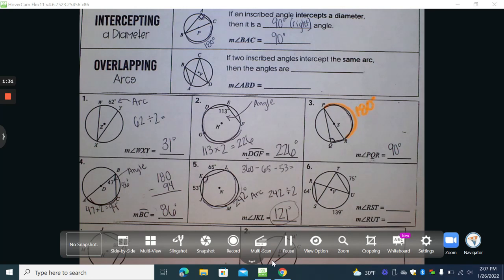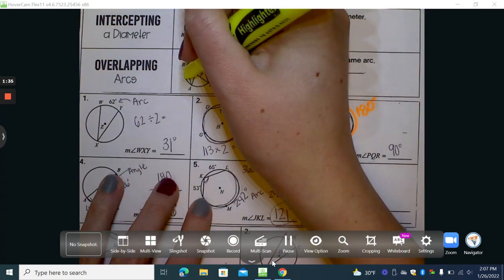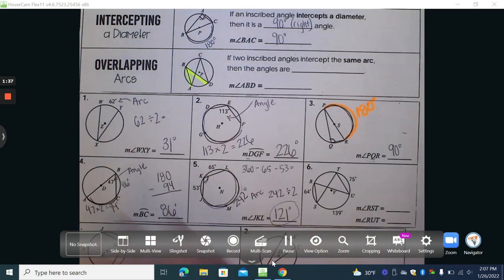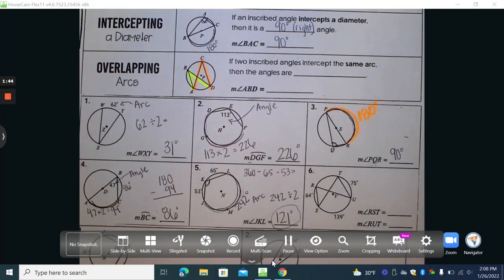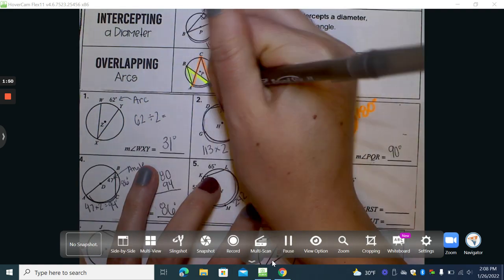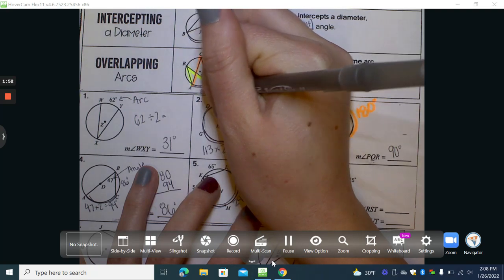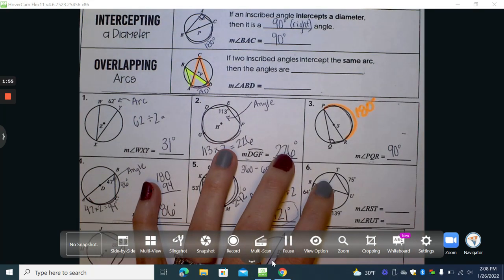The other special case is overlapping angles. So 2 inscribed angles that essentially intercept the same arc. So if I have angle BAC and angle ABD and ACD, they both have endpoints that cover this arc AD. They have the same arc, right?